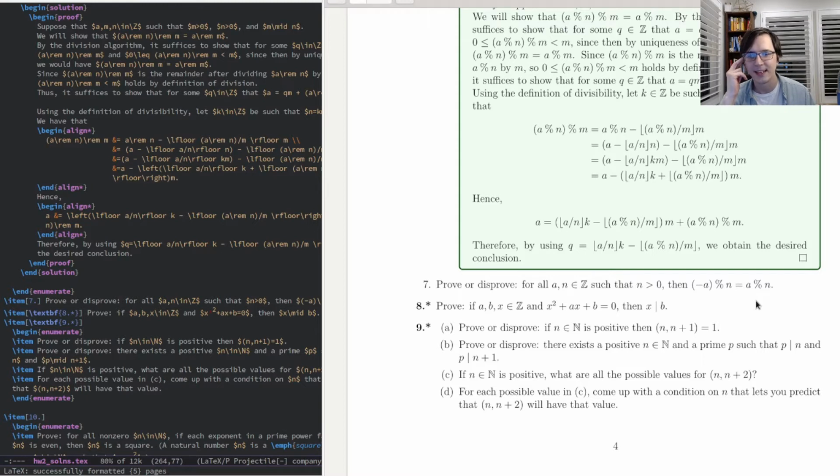So far it seems like it can possibly be proved. Let's try 1 and 3. So minus 1 mod 3 is, well, we can add 3 to that to get a positive number, so that's 2 mod 3, which is 2. And then 1 mod 3 is 1.